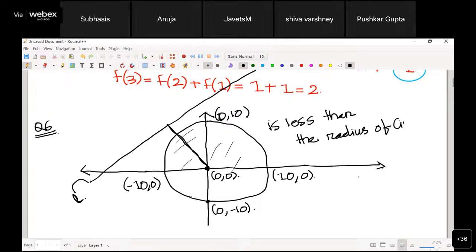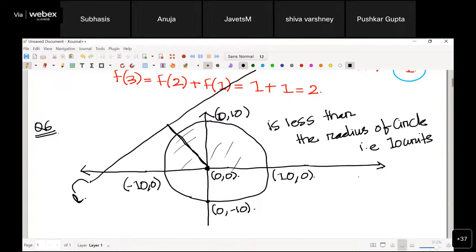Then only will Rohan's mobile get the Wi-Fi signal, otherwise it won't.